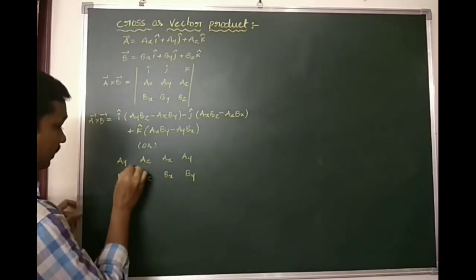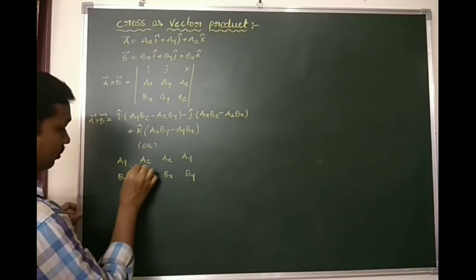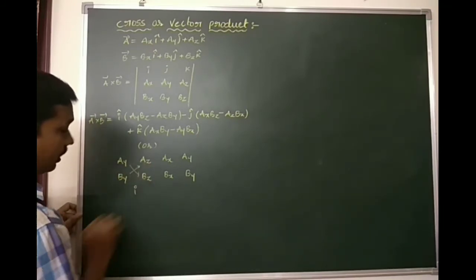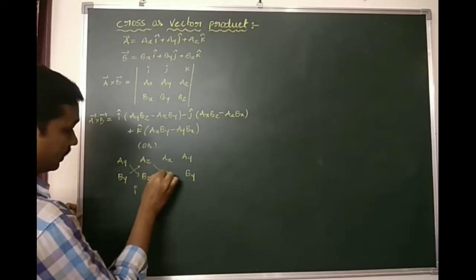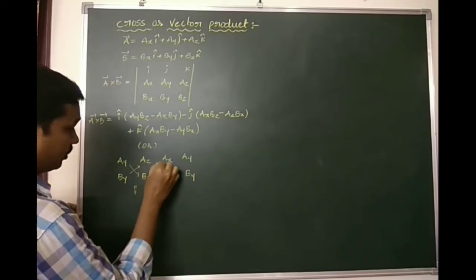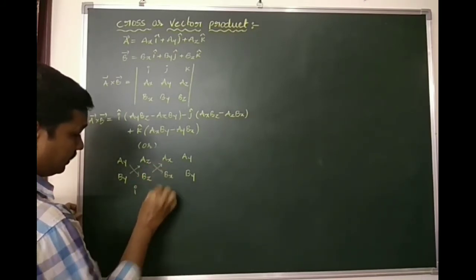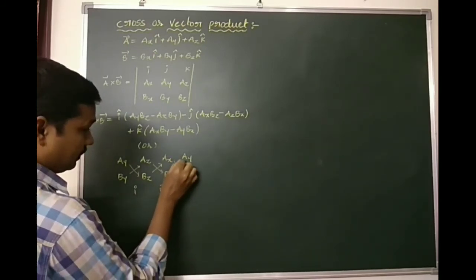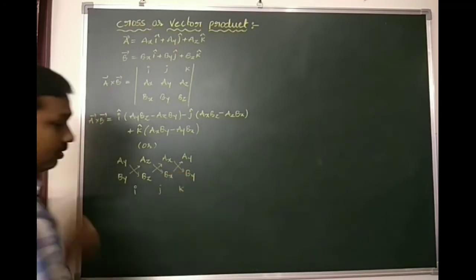Here we do the cross product, and this is giving you i component. Again this is the cross product, this is j component, this is k component.